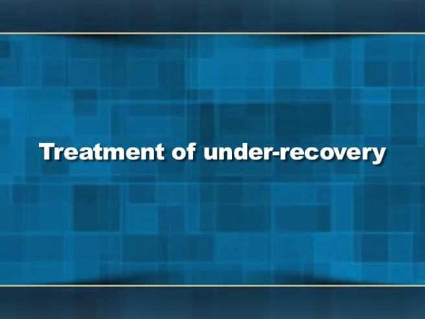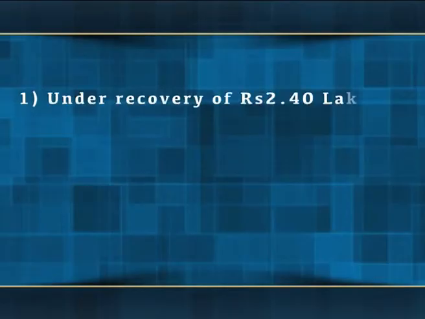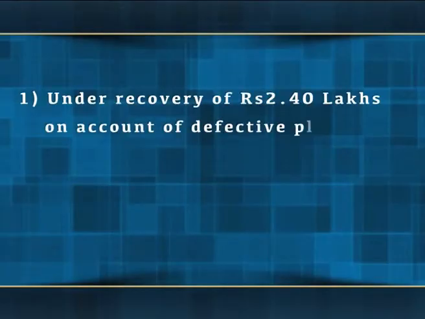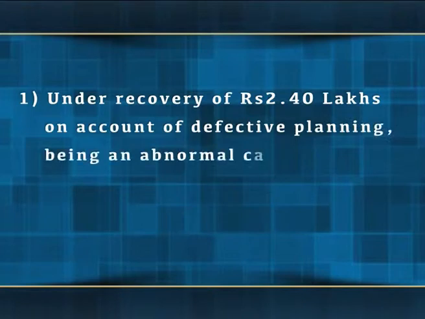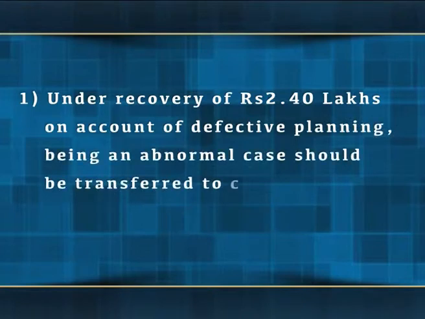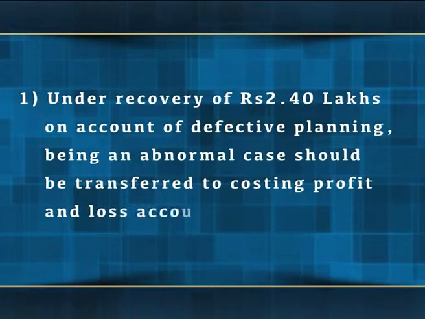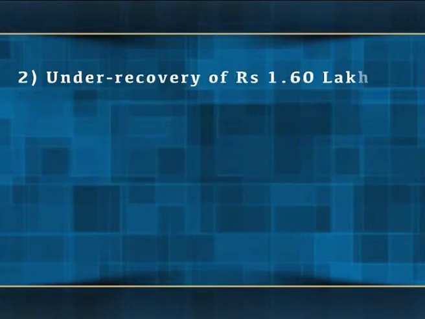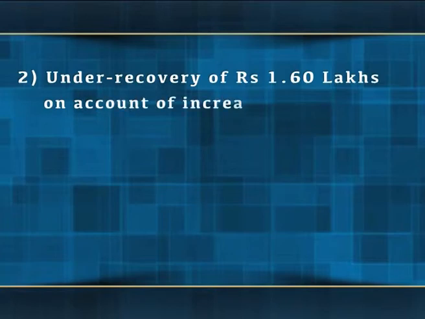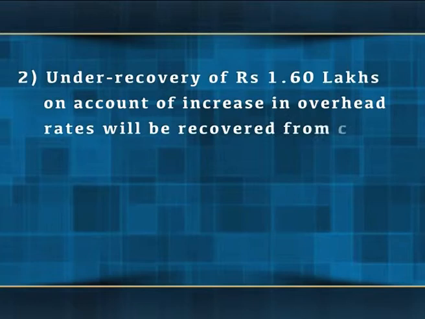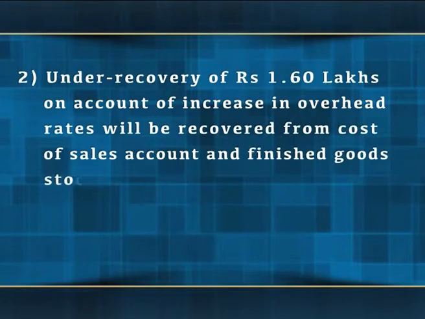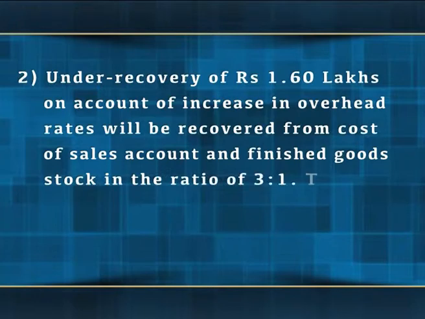The treatment of under recovery are: number 1, under recovery of Rs 2.40 lakhs on account of defective planning, being an abnormal case, should be transferred to costing profit and loss account. Number 2, under recovery of Rs 1.60 lakhs on account of increase in overhead rates will be recovered from cost of sales account and finished goods stock in the ratio of 3:1.